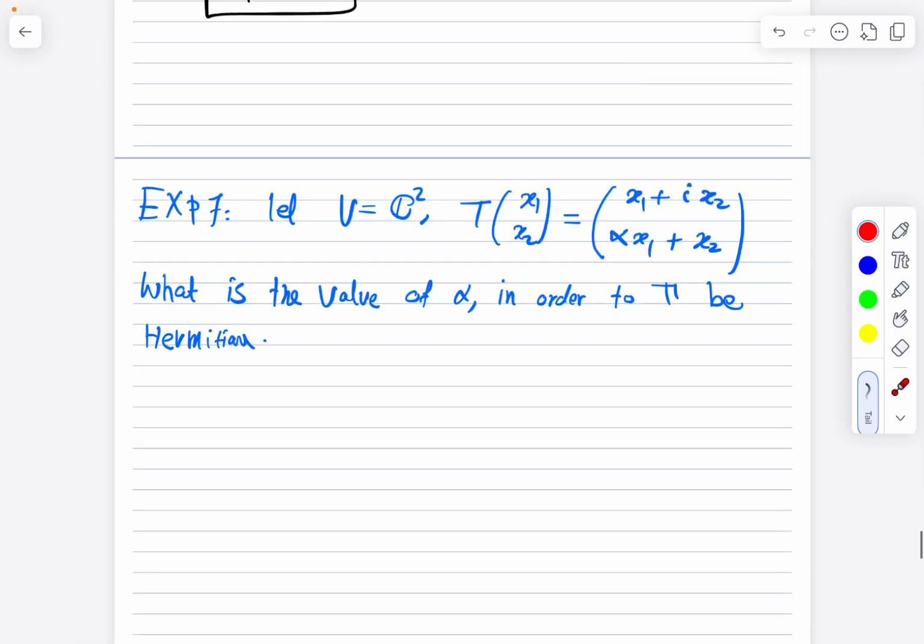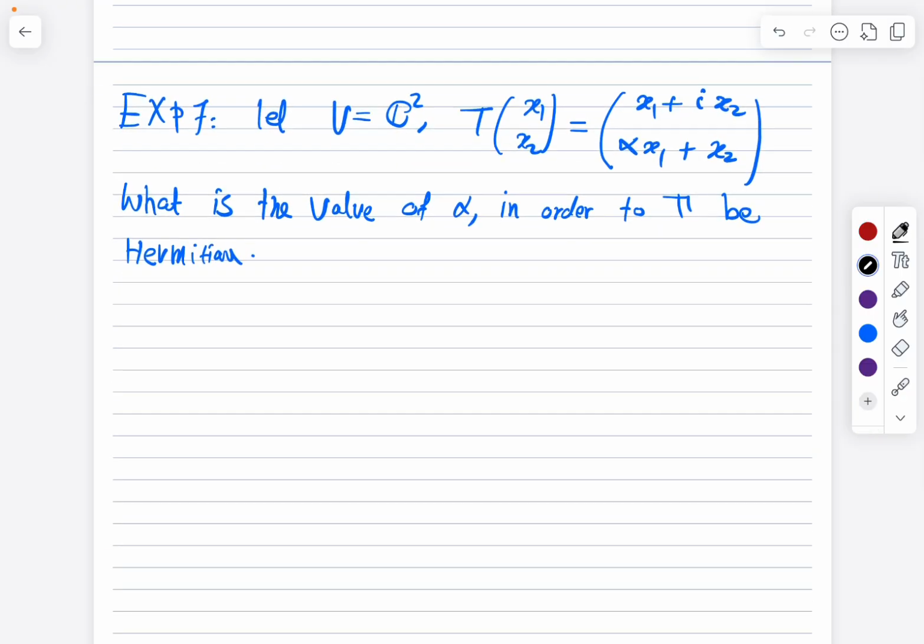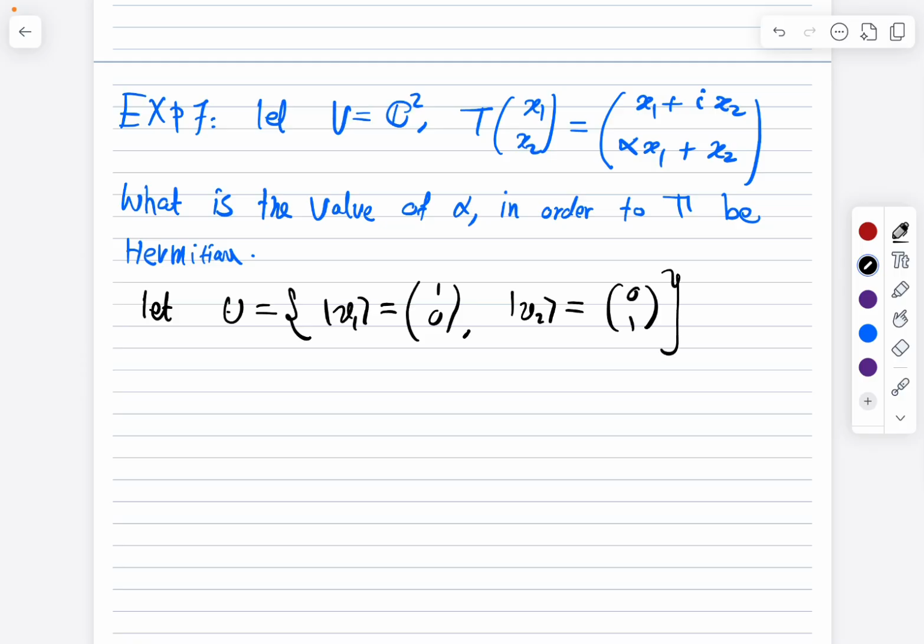The question is, what is the value of alpha that makes T Hermitian? First of all, let us find the matrix representation for T. Let's assume the basis is v1 equal to (1, 0) and v2 equal to (0, 1), to make our life simpler.